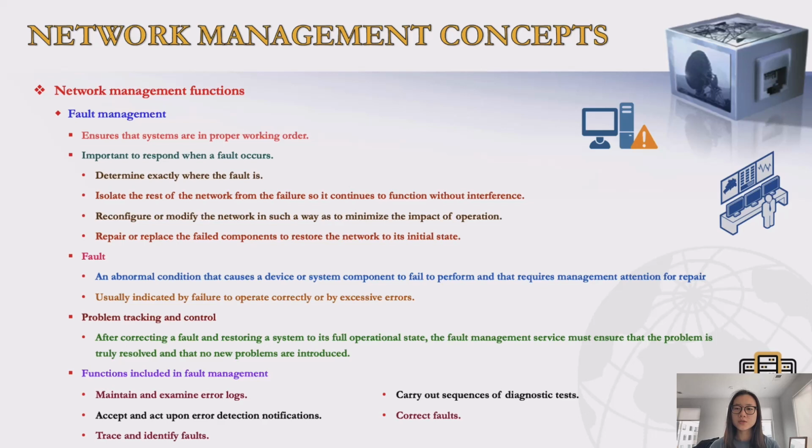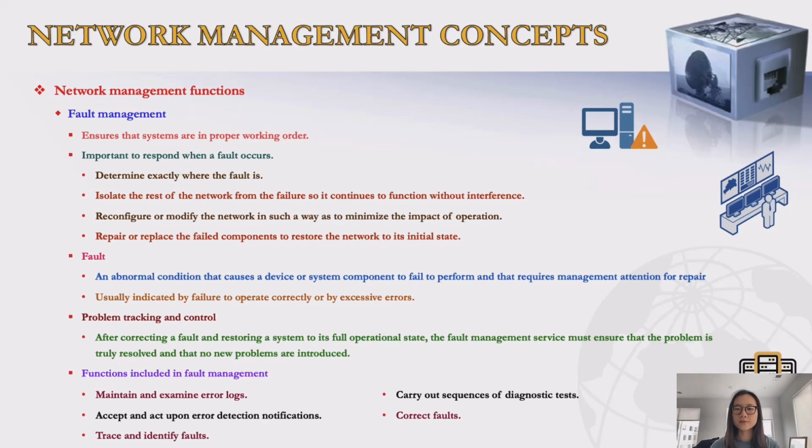Given that users expect to be kept informed of the network status and network operation, problem tracking and control should be performed. In other words, after correcting a fault and restoring a system to its full operational state, the fault management service must ensure that the problem is truly resolved and that no new problems are introduced.